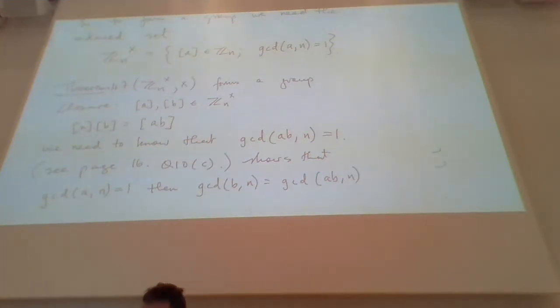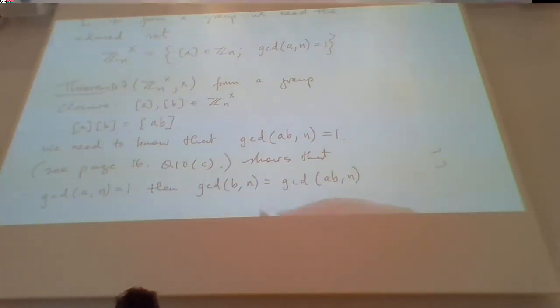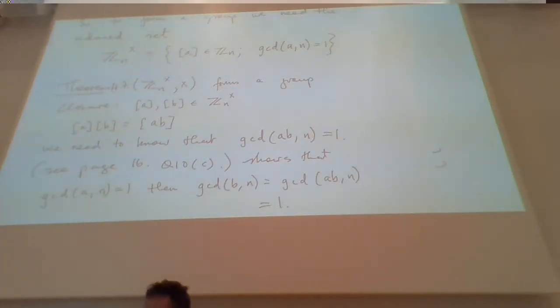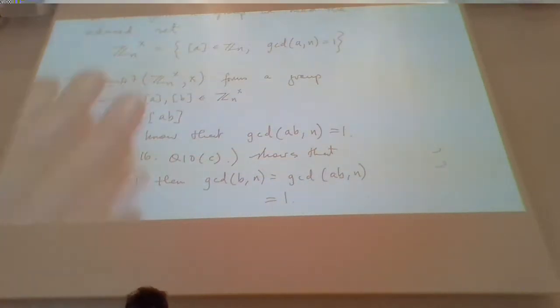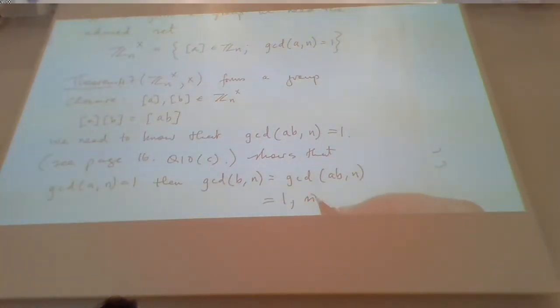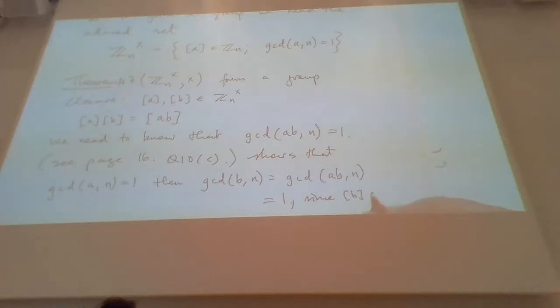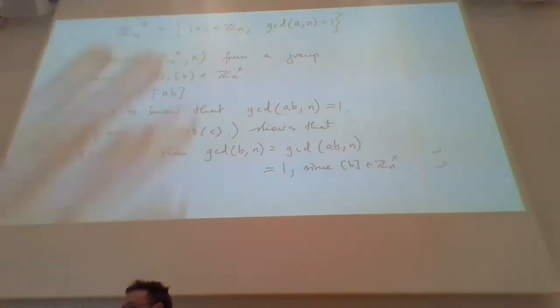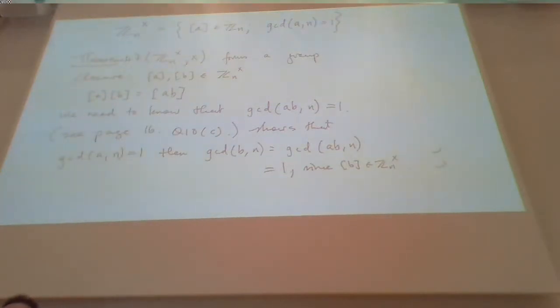And because the GCD of B with n is already 1, because B is something from here, we'll note that this is equal to 1. It's equal to 1 since the congruence class of B is in the reduced set. So it is closed. If you take two things that are congruence classes of integers co-prime to n, multiply them together, you again get a congruence class that is co-prime to n.